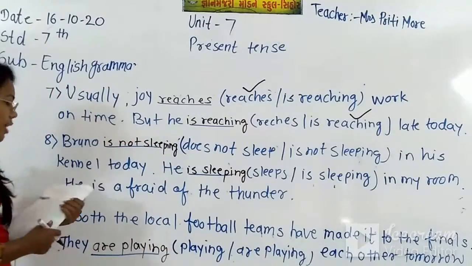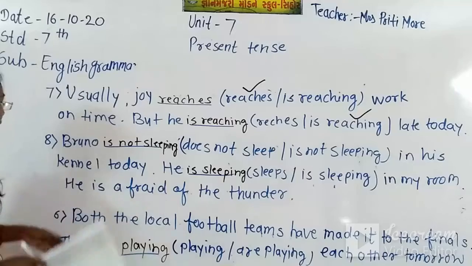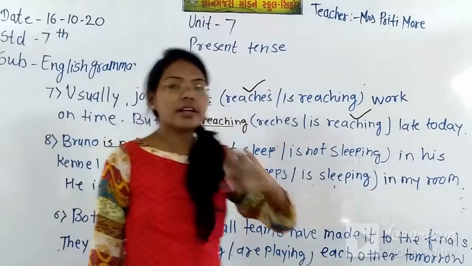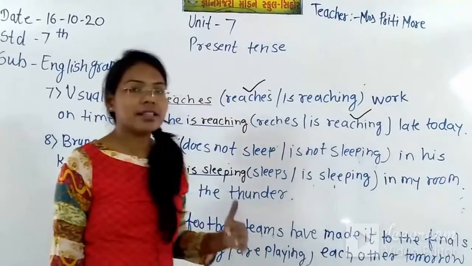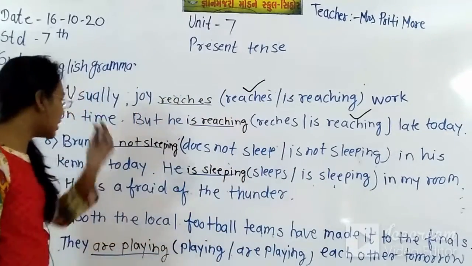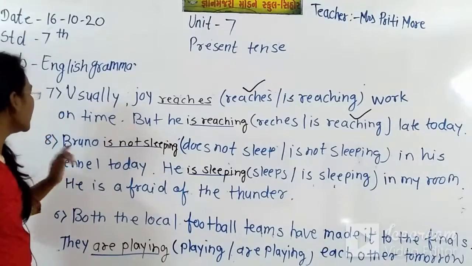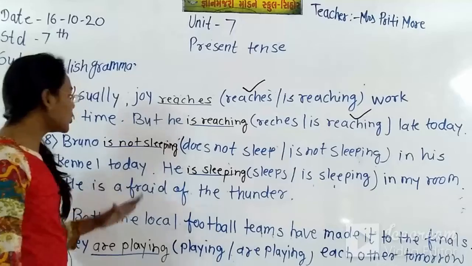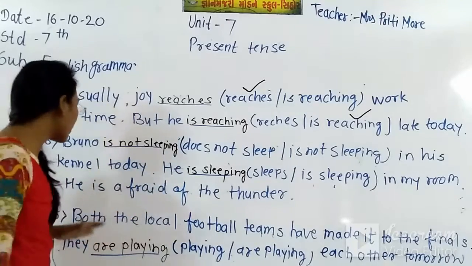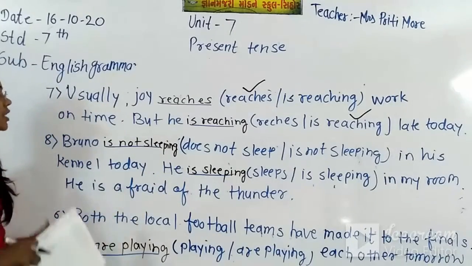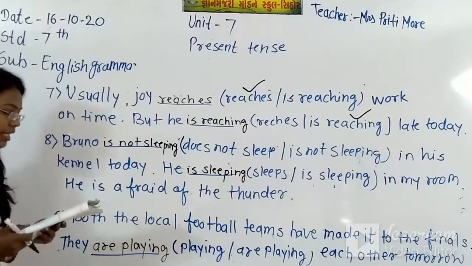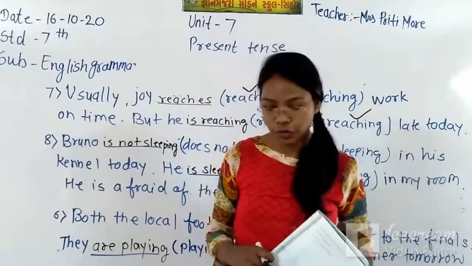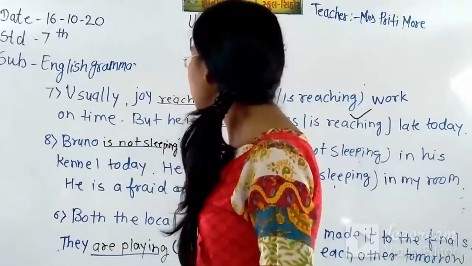He is afraid of the thunder. So here also is not sleeping, because the continuous tense is there, the action is showing the continuous action, current action. So Bruno is not sleeping in his kennel today. He is sleeping in my room. He is afraid of thunder. So here we have completed all 8 sentences by using the correct verb form. So you just note down this.